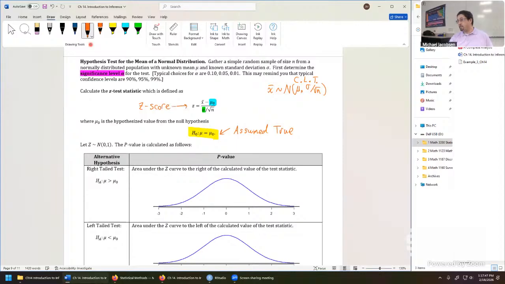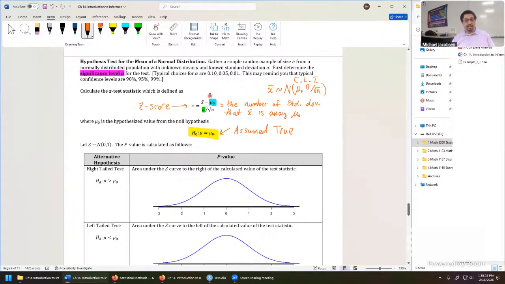But aside from its name, the most important thing about z is what it does. This measures the number of standard deviations, because we're dividing by the standard deviation, that x bar, your actual sample data, is away from the claim that the mean is mu naught. So if this claim is ridiculous, if it's really false, then this will be a large value.